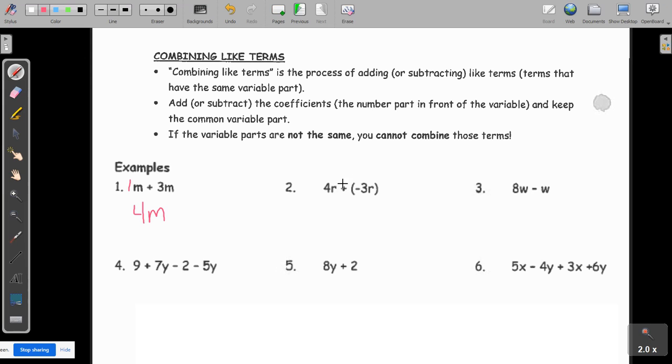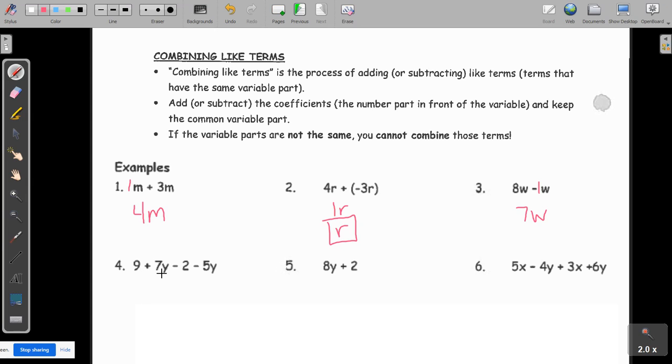We're going to combine, so we're going to take our 4 and our negative 3. 4 minus 3 is 1. So we have 1, and then we keep the r, which is the same thing as saying just r by itself. Next one, 8w minus w. Don't forget the 1 out in front. So 8 minus 1 is 7. Keep the variable w.